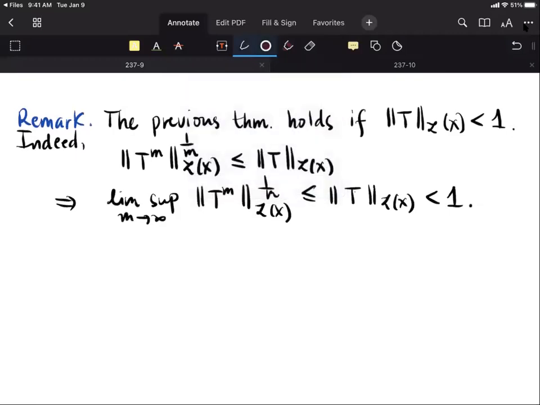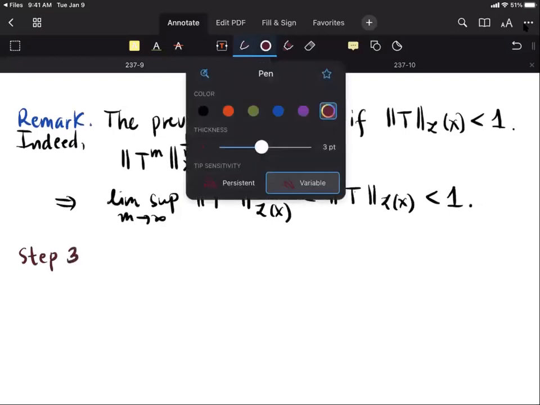Next, the second to the last step is the following.